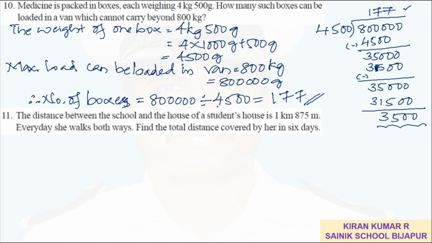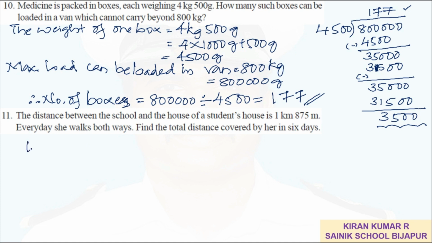She walks both ways, so the distance is taken 2 times. Distance between school and home is 1 kilometer 875 meter.